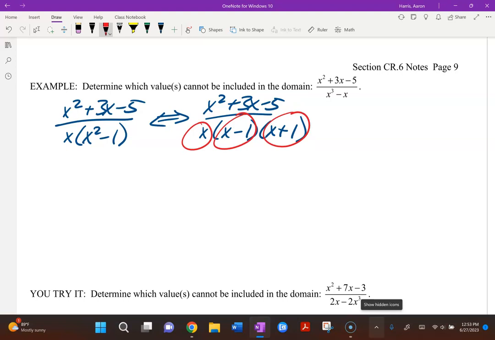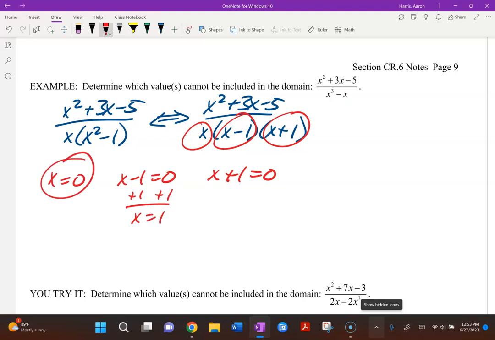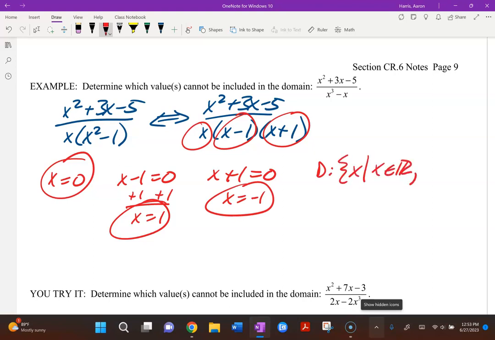So x being 0, x minus 1 being 0, x plus 1 being 0. If any of those are true, then we have an issue. So x can't be 0, 1, or negative 1. So the domain would be all reals except for negative 1, 0, and 1. It can be anything except those values.